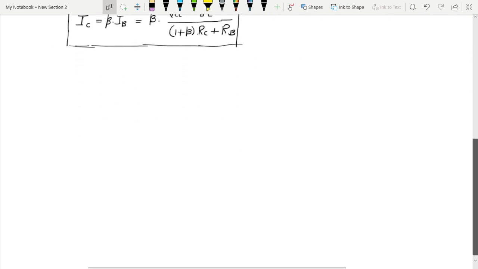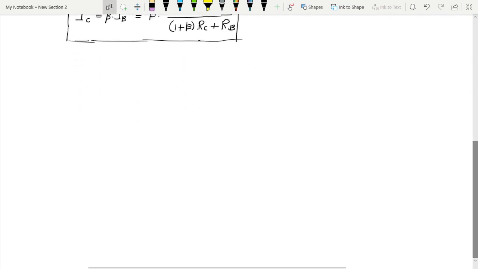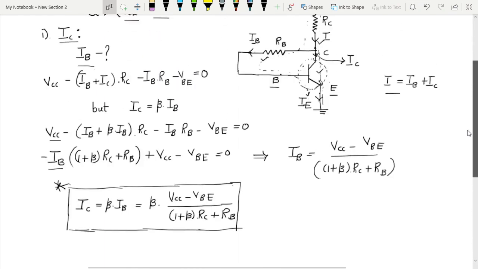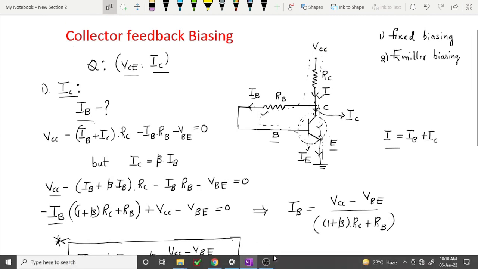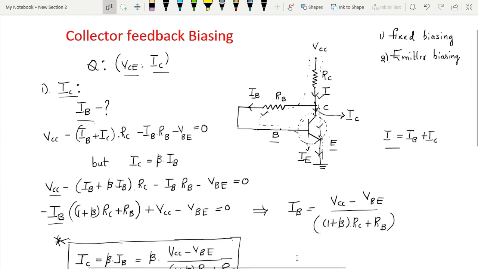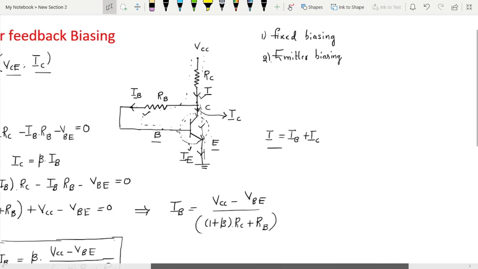I am directly writing the equation. So applying the loop equation, we will get it.